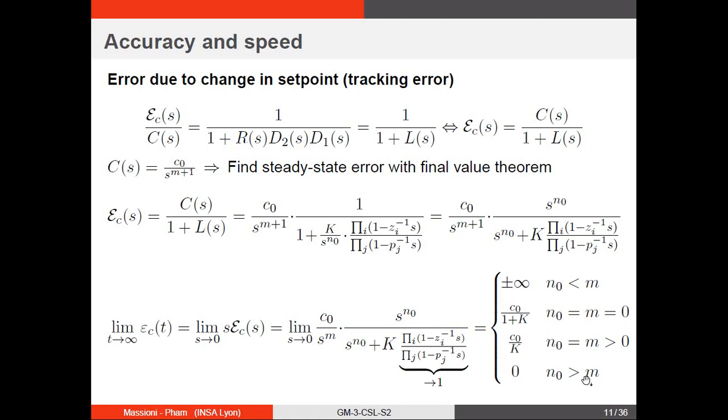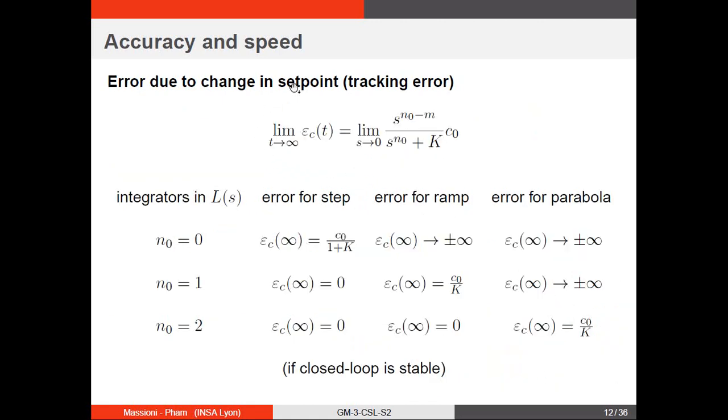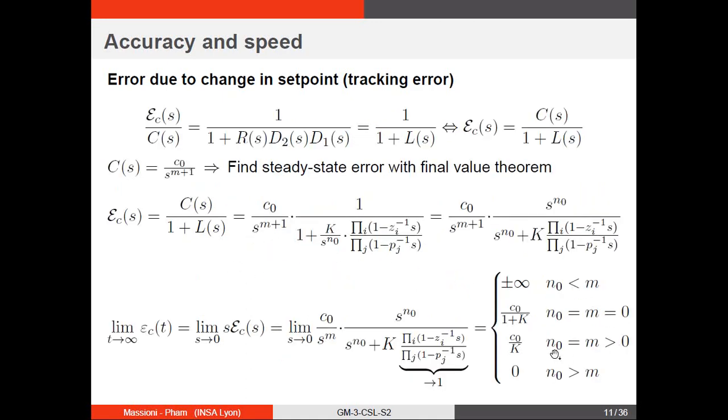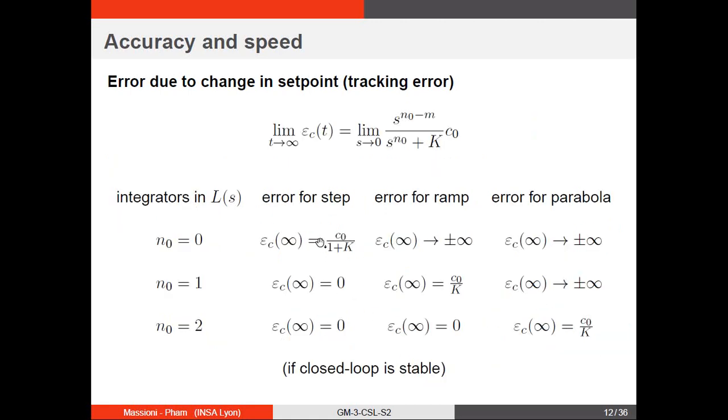So let's translate these into some examples. This is just the simple expression that says it all, but translating it into examples. How many integrators do you have in the loop? 0, 1, or 2. So if you have a step in the set point, which means m equal to 0, then, as we said before, with n naught equal to m equal to 0, you have this steady state error, as you can see here.